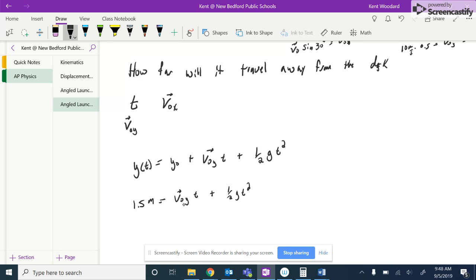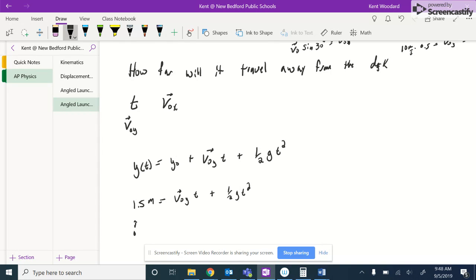When this is 0, things get easier because you can factor a t out, and 0 makes the math a lot easier. Here, if you factor a t out, things are not any better. So you're better off just using the quadratic formula to find t.